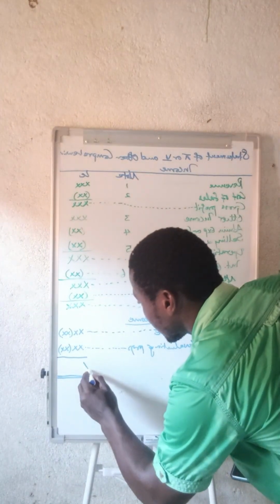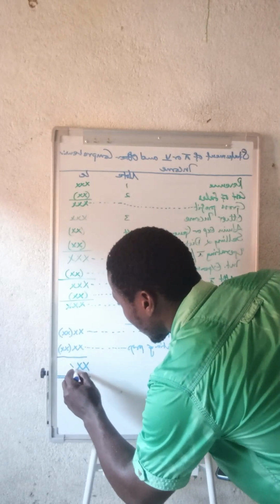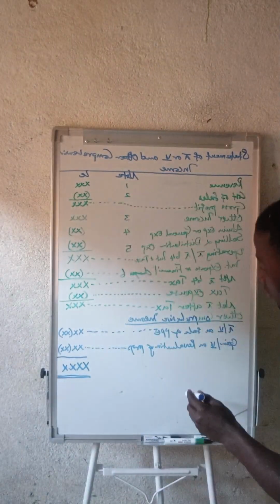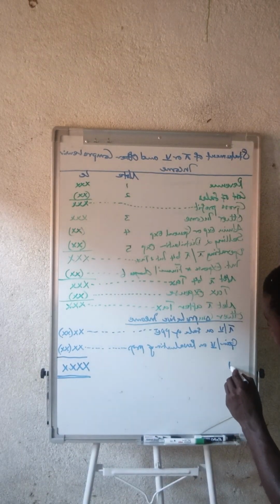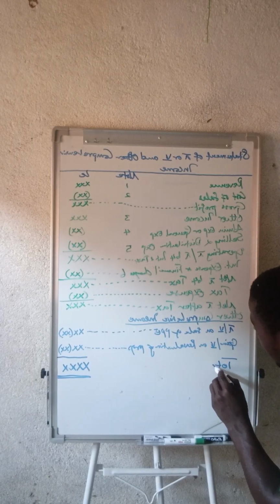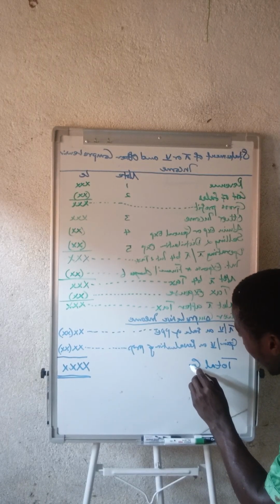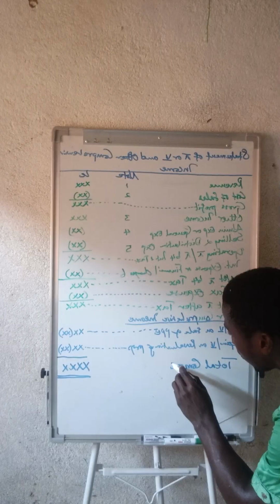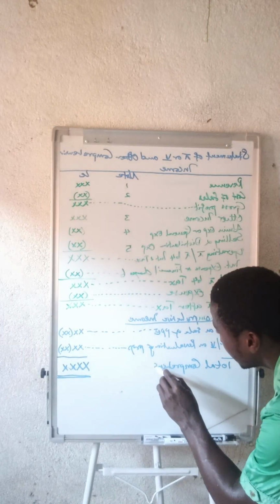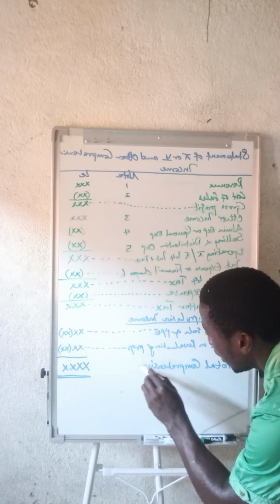Now we add, and this is called total comprehensive income.